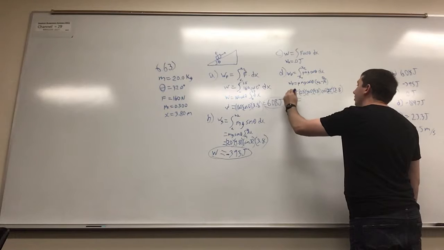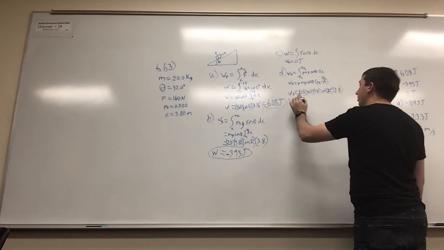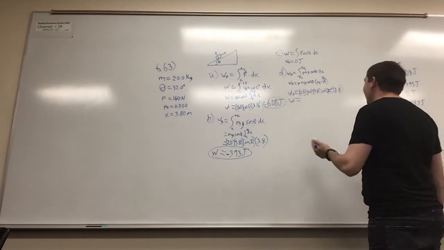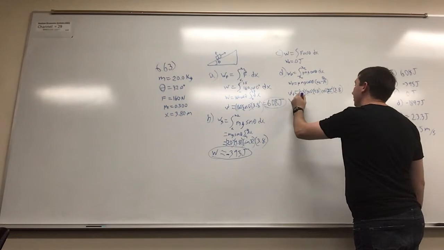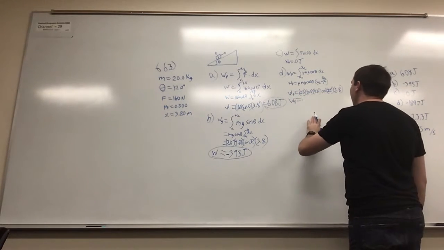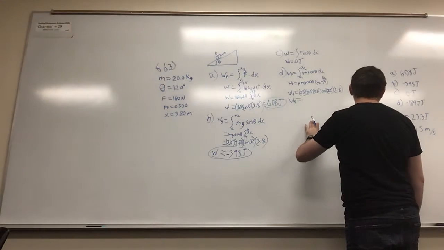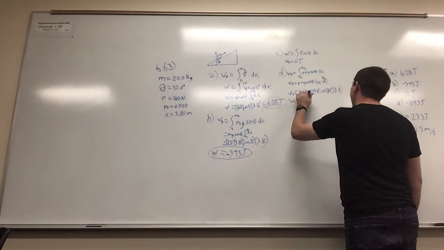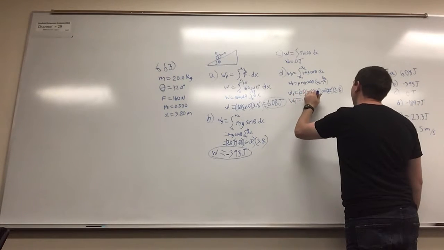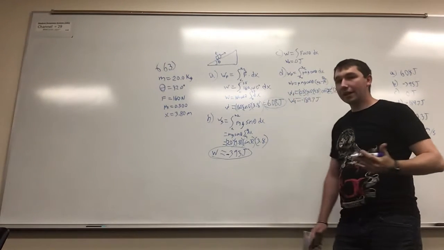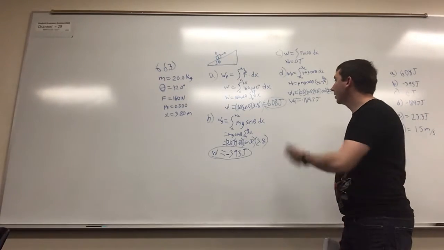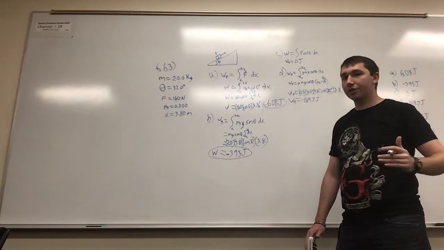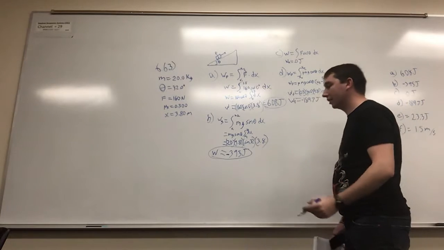So when you do the math to find the work, you get that the work of friction is going to be negative 189.7 joules. And it's negative because, like gravity, the work of friction is going to be opposite the direction that the object's moving.